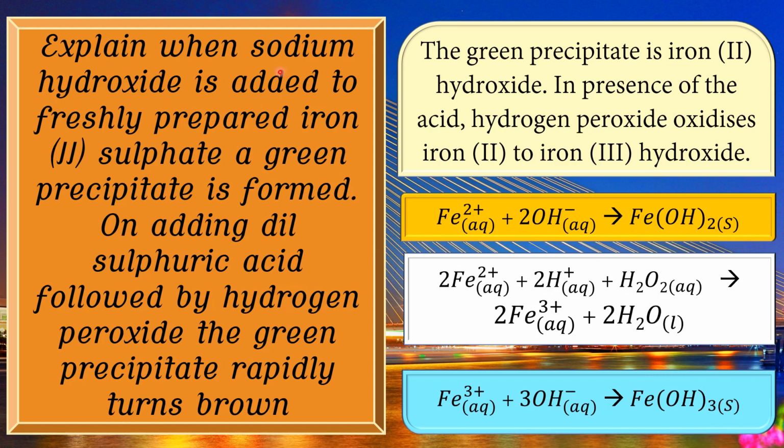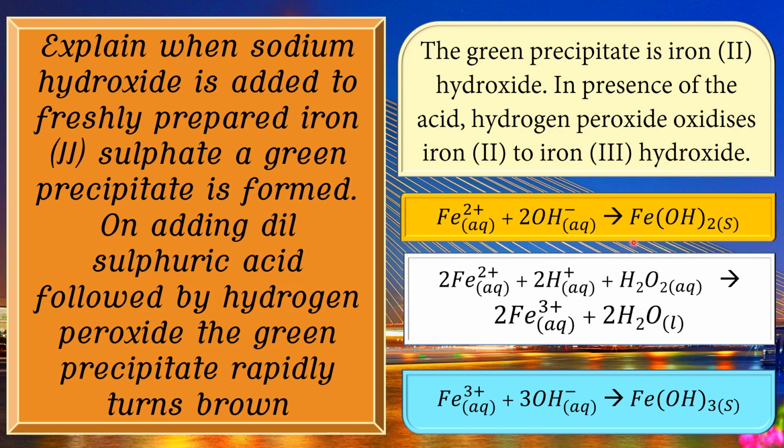So we were saying that sodium hydroxide was added to a freshly prepared iron 2 sulfate. When we added sodium hydroxide to iron 2 sulfate, we formed a green precipitate, which is iron 2 hydroxide.